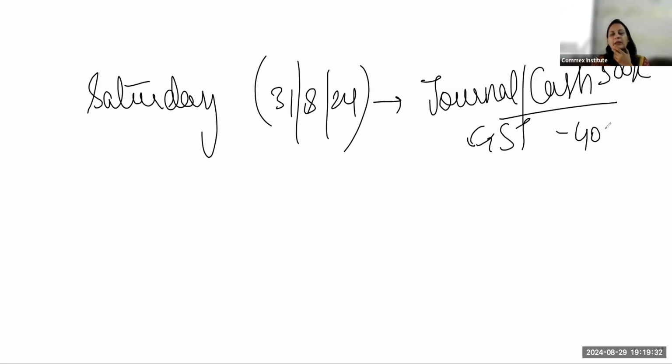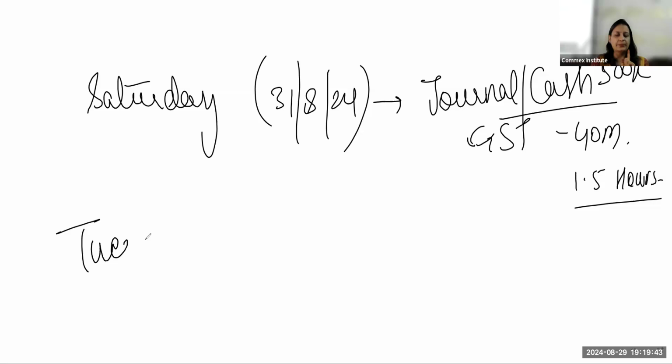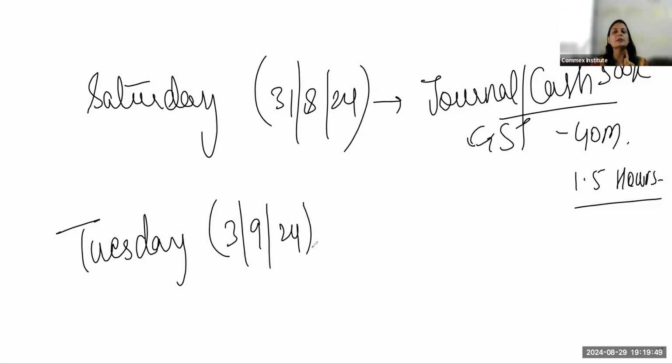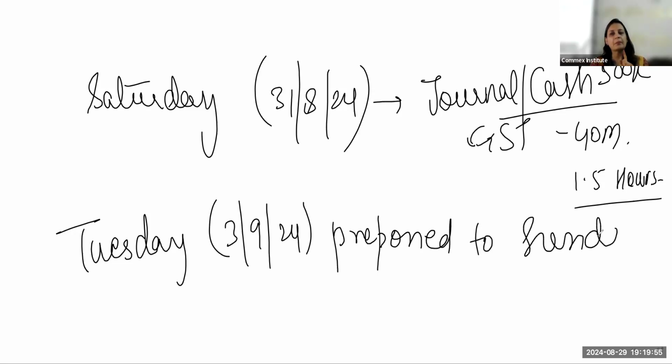It will be a 40 marks paper of 1.5 hours, right? And then one more thing, your Tuesday class, that means your 3rd September class will be preponed to Sunday, that is 1st September.